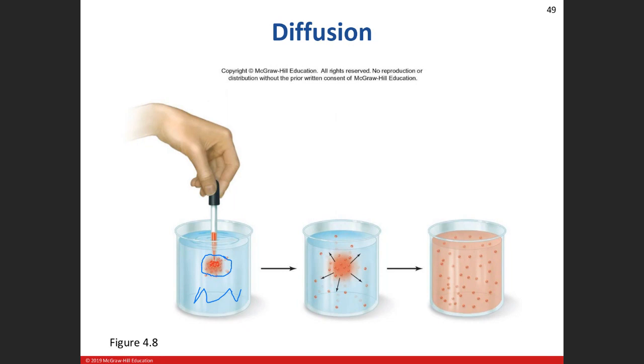We have more food coloring in that little spot in the center initially. As time goes on, the molecules of that food coloring will go from an area of high concentration to an area of low concentration. Eventually it'll spread itself out and be equally distributed throughout the water over time. It takes a little bit of time, but that's what it wants to do. That's what our molecules want.